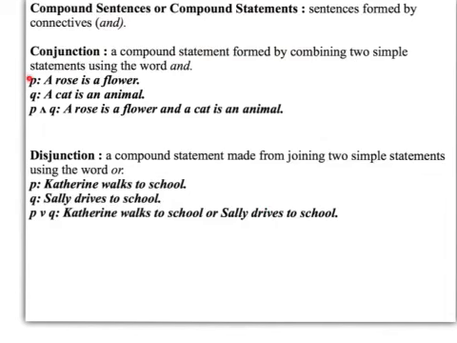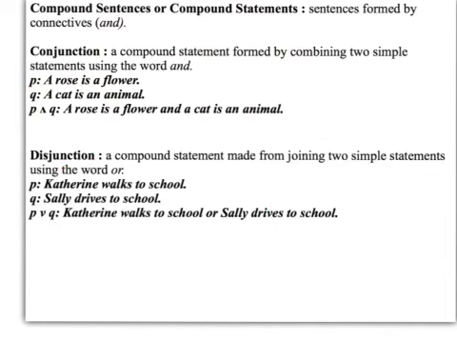If you have the simple statement P, which is a rose is a flower, and the simple statement Q, a cat is an animal, P and Q, where the symbol stands for and, it looks like an A that's missing the line, would be a rose is a flower and a cat is an animal. So that's a conjunction when you combine two simple statements with the word and.